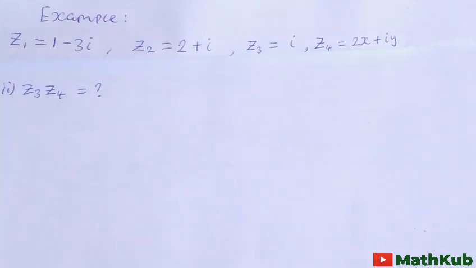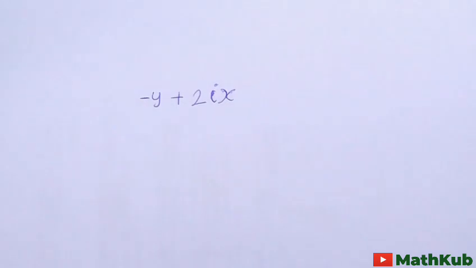I want you to solve this. Solve number 2: z3 z4 will be equal to what? If your answer is minus y plus 2ix, then you are correct.